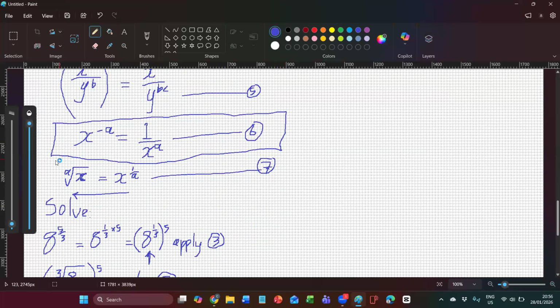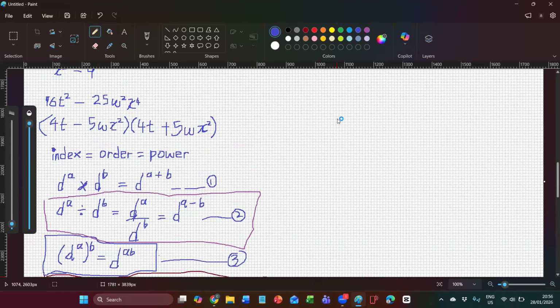Law 7 says that when you have a root, the direction works from left to right and from right to left, but I'm going to apply it from right to left. From right to left, it says x raised to the power of 1 over a is equal to the a-th root of x, right?